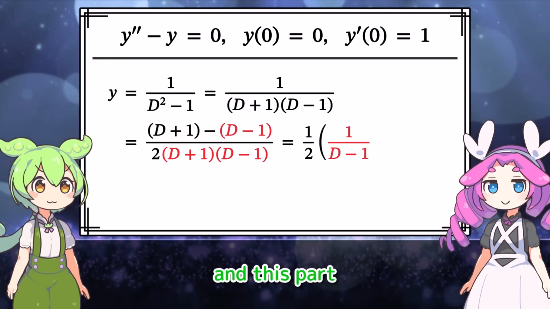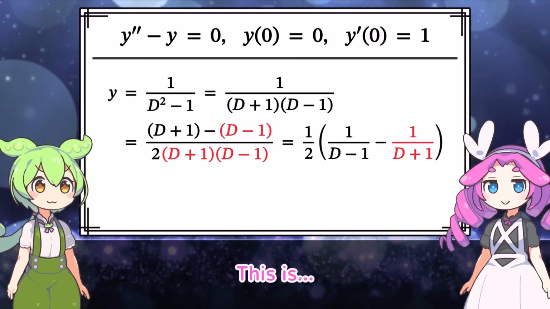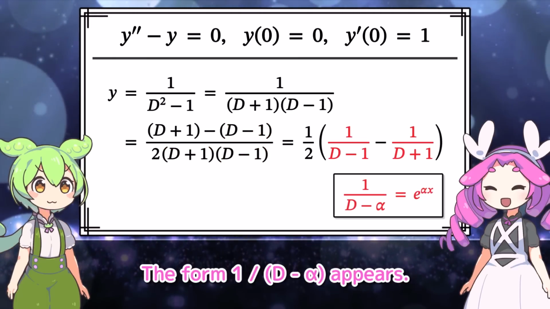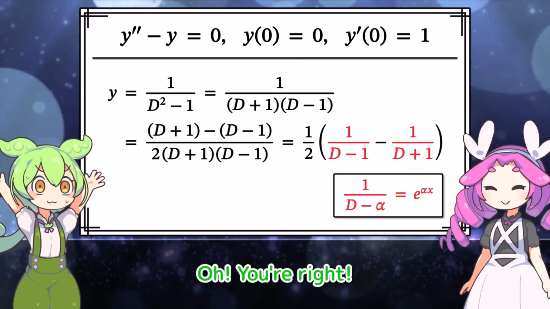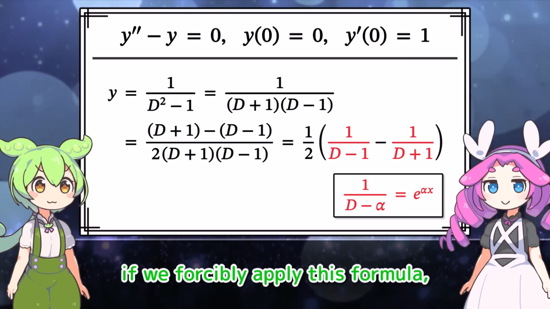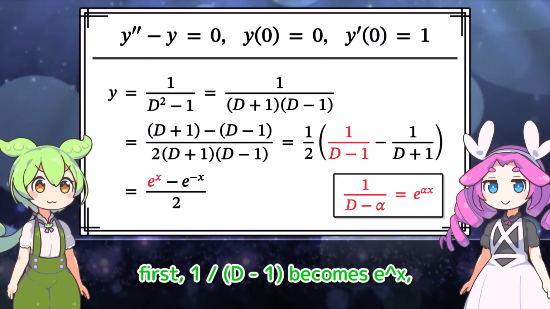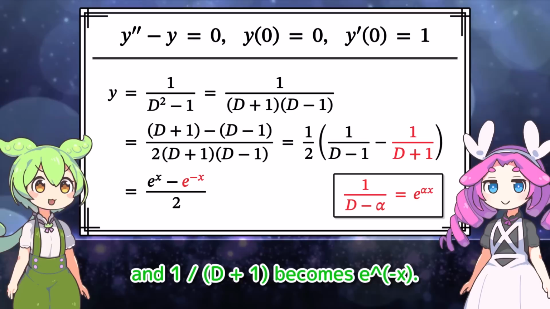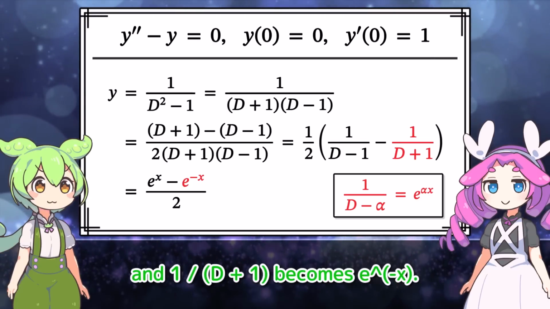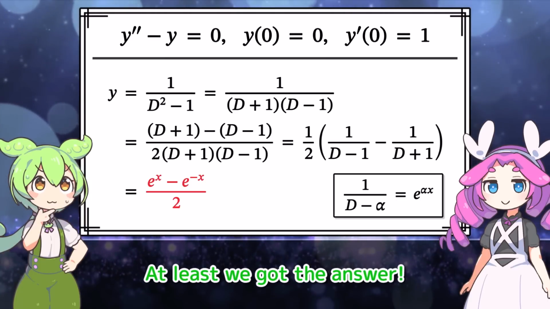And this part becomes 1 over d plus 1. This is the form 1 over d minus alpha appears. Oh, you're right. That means, if we forcibly apply this formula, first 1 over d minus 1 becomes e to the x, and 1 over d plus 1 becomes e to the negative x. I don't really know what I'm doing anymore, but at least we got the answer.